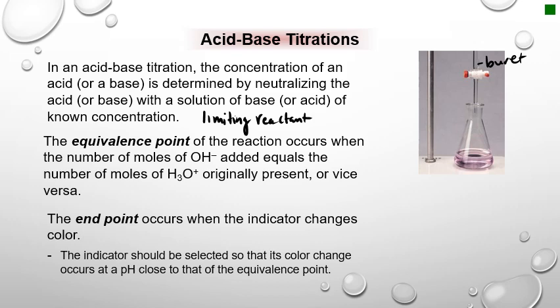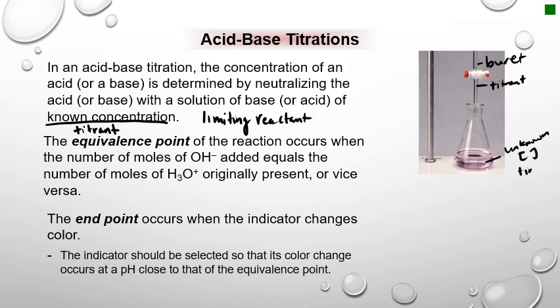That known concentration that we are discussing is called the titrant. So I would have my titrant in the burette, and we're going to be analyzing an unknown concentration. So this would be our unknown down here.